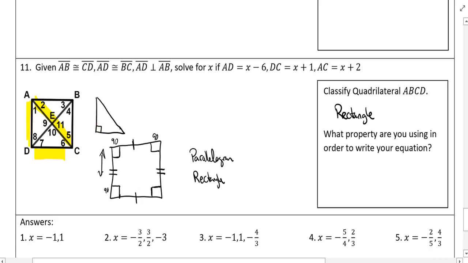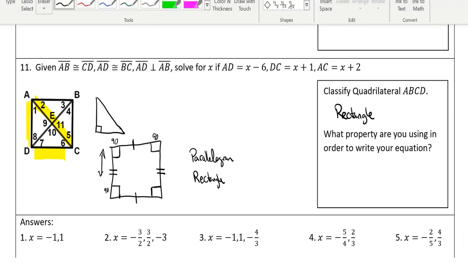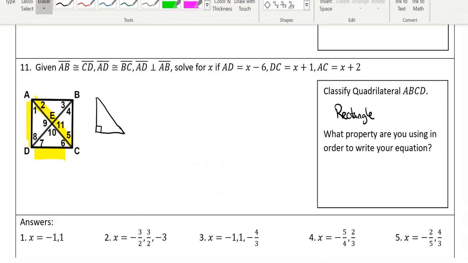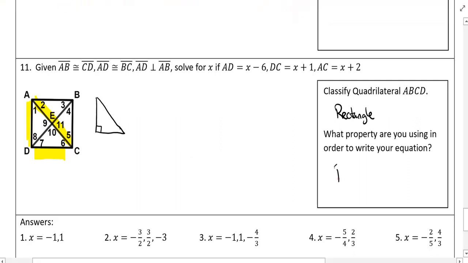What I've highlighted forms a right triangle, and we're involving all three sides, so we're going to use the Pythagorean theorem to help us out in setting up our equation. So we're going to write that here.